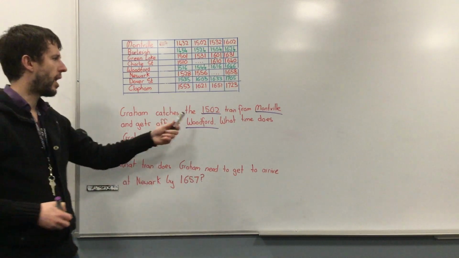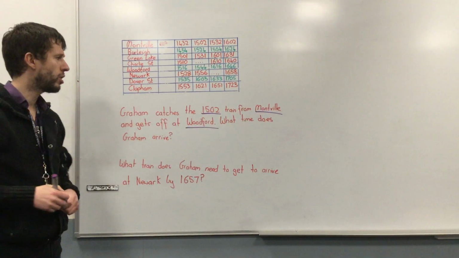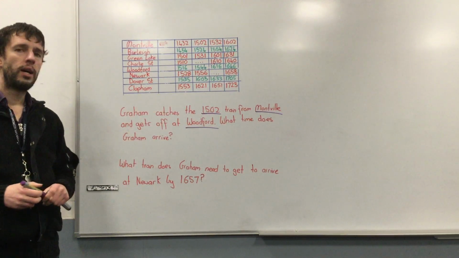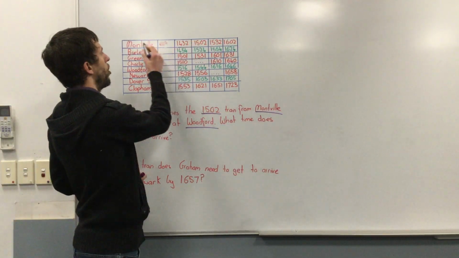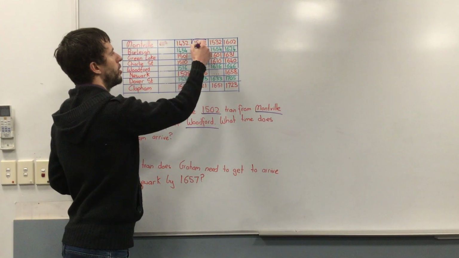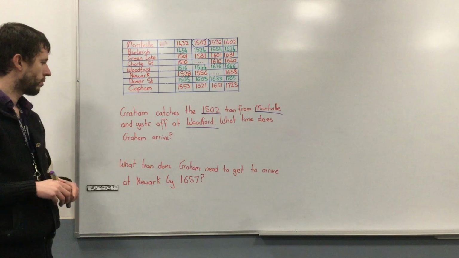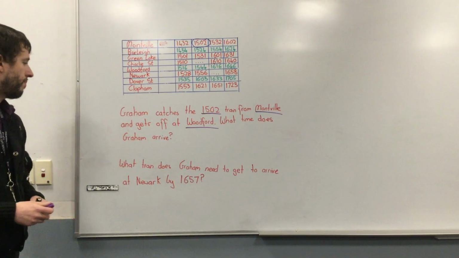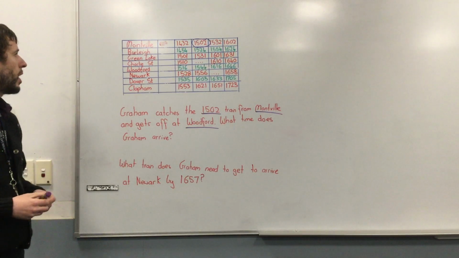First thing I've done is highlight all the important information. I know he catches the 15:02 train from Montville. So I go to Montville and then go across to 15:02. What time does Graham arrive?